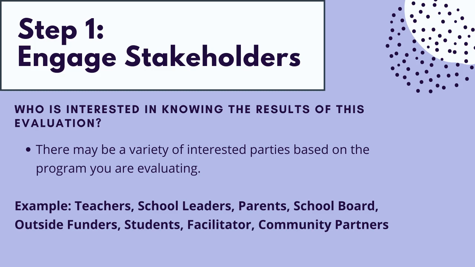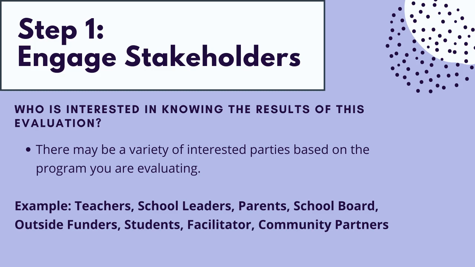They are middle schoolers, but it's super important that they are engaged in the process and they also know the intent of the group and the results of the group. The facilitator, right? Lots that could be done to maybe improve the group, what worked, what didn't work. And then community partners. So maybe you have in your school community-based organizations that this would be helpful for, or community partners that could also benefit from the results of this evaluation.